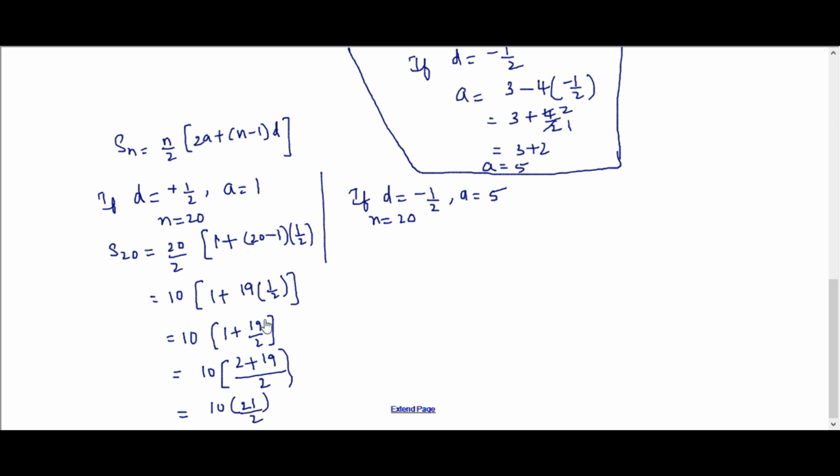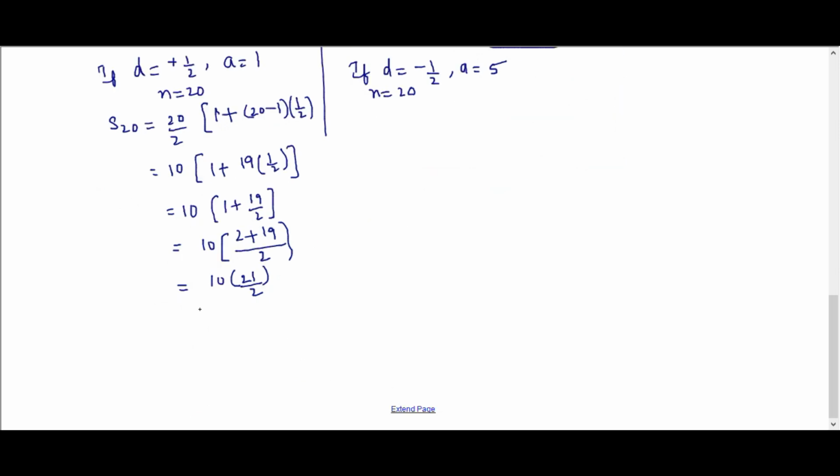Yes, further it will become 2 5s are 10, I can cancel here.